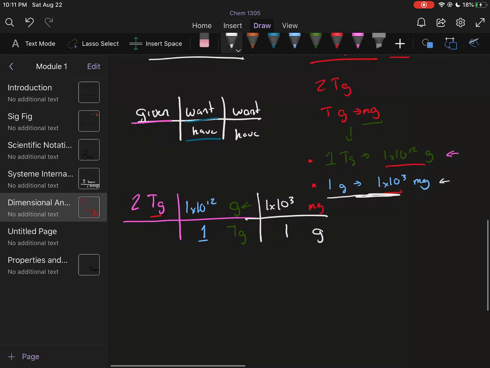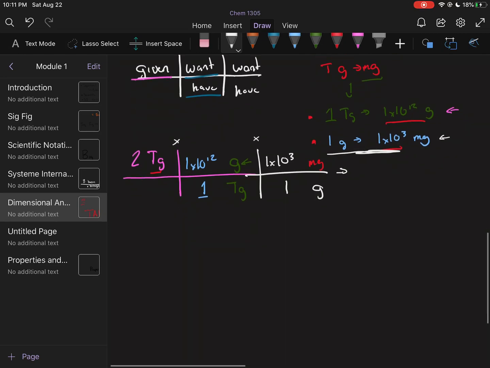So again, you just multiply across, right? So on the top we'll have 2 teragrams times 1 times 10 to the 12 times 1 times 10 to the third. So it'll look something like this. 2 times 1 times 10 to the 12 times 1 times 10 to the third, over 1 times 1.